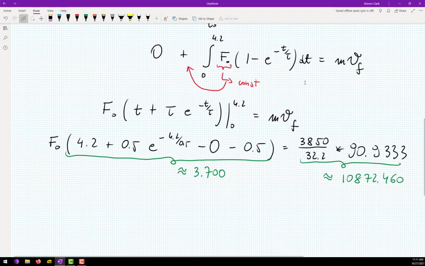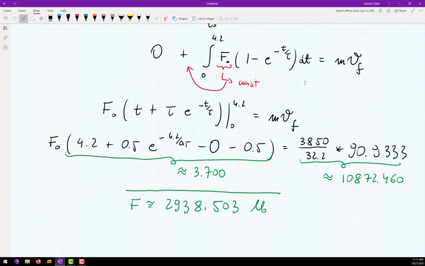All right, our F0 is triumphantly approximately 2938.503 pounds. And this is the answer.